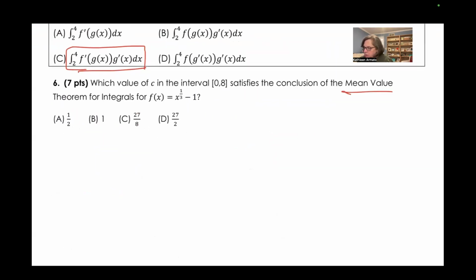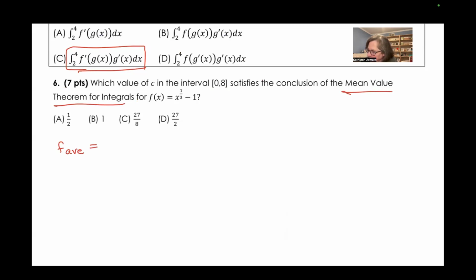Mean value theorem for integrals. The value of c guaranteed by that theorem. So what we need to find first is the average value of the function, which is a y value, right? And then we're going to find the value of x that I can plug into the function that gives me that y value.